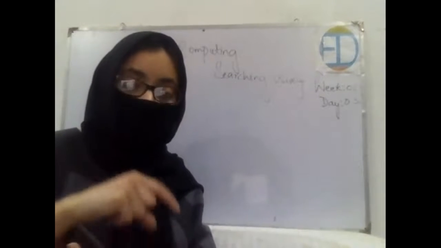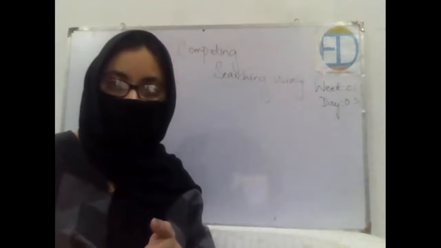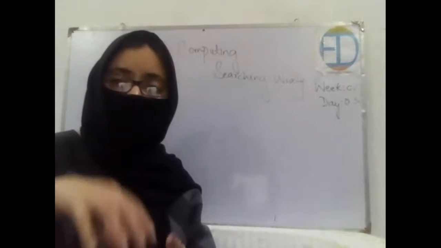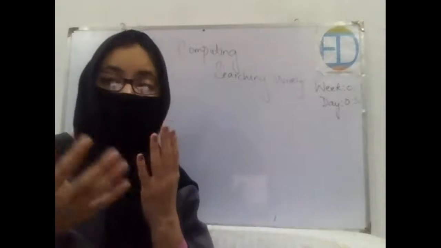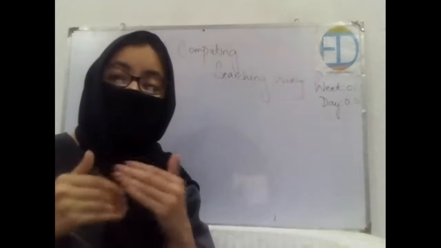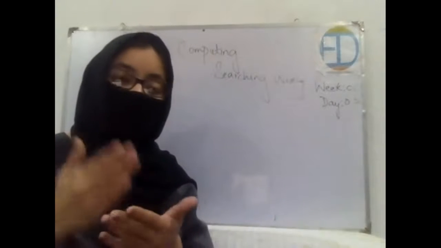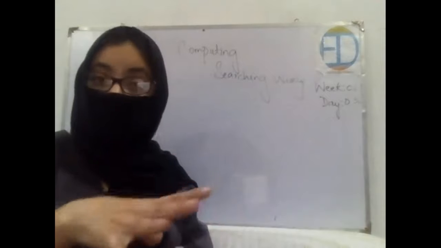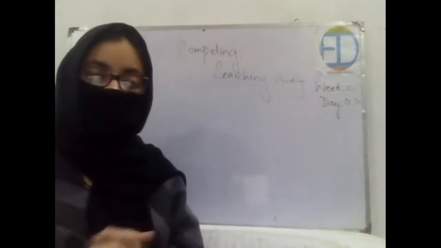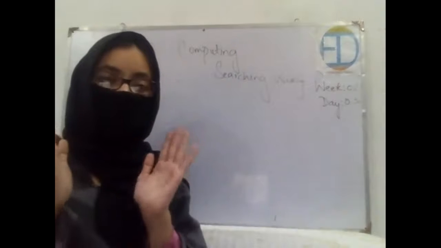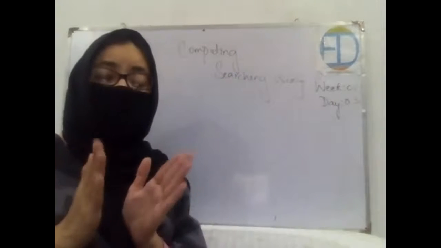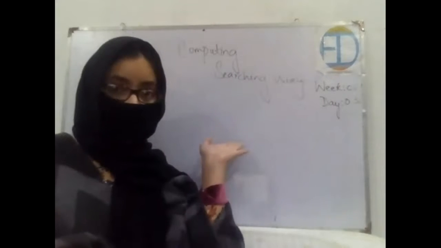So you are supposed to tell something more about that book: the name of the book, the name of the author, when it was published, how many pages it has, what topics it contains, right? If you give some more information, it would be helpful for the librarian to find that particular book, right? Similarly, when you are searching something on the internet, you are supposed to search wisely, right?